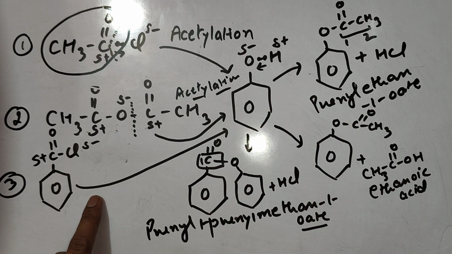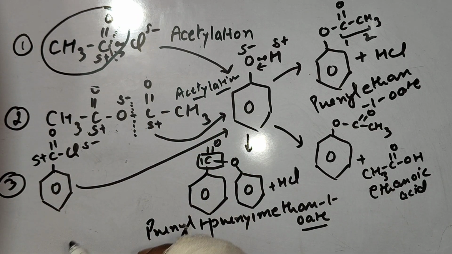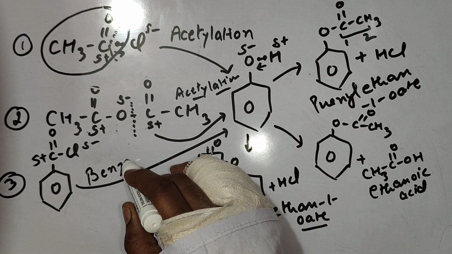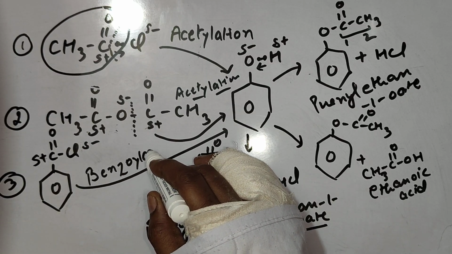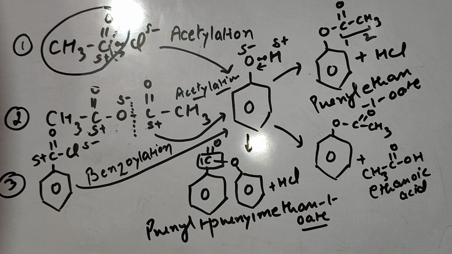And this third process, because benzoyl chloride is going to react with phenol, has a special name, we call it benzoylation. So please note down the names of the processes, acetylation and benzoylation.